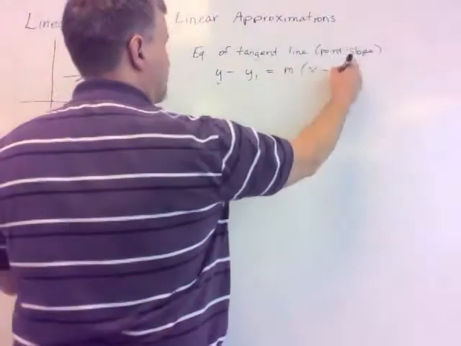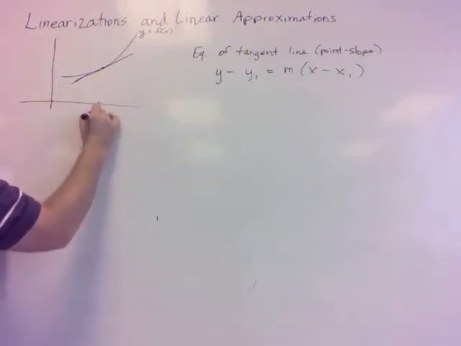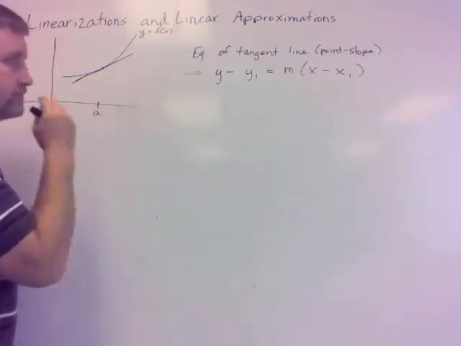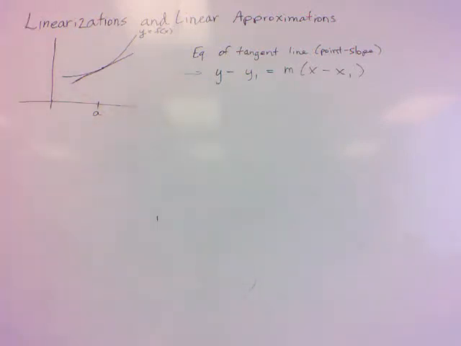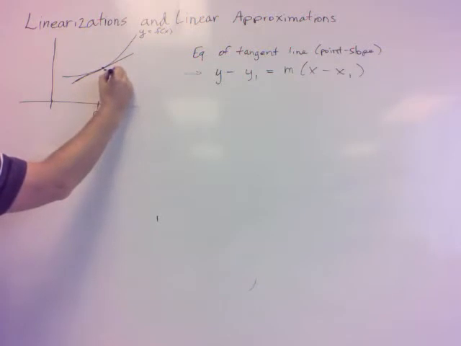That's point-slope form. Okay? And actually, I want this value to be a, because that's the way the book will designate it. We did that before, but let's just call the x value we're doing the tangent line at the x value a. Switch that back to a there. Okay? So, in general, as far as the equation of the tangent line goes, isn't this point that I've got the tangent line at, isn't that a, f of a?